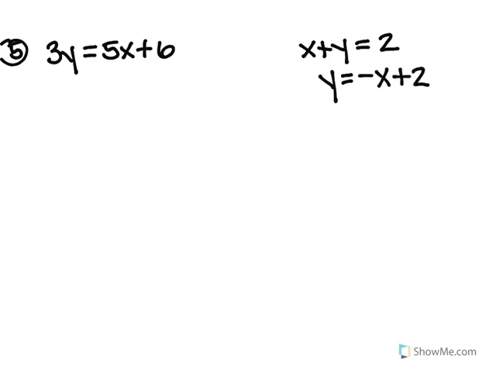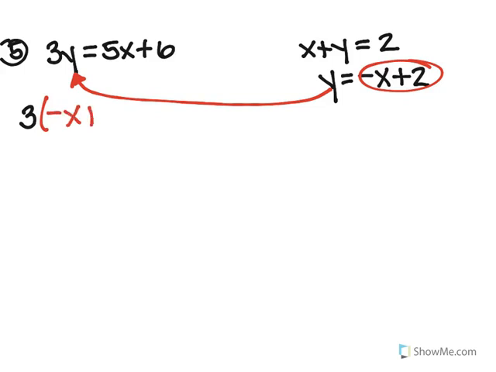So in the first equation, where y is, we're going to plug in negative x plus 2. So I'm going to put that in parentheses, 3 times negative x plus 2, equals 5x plus 6. We're going to do distributive property.